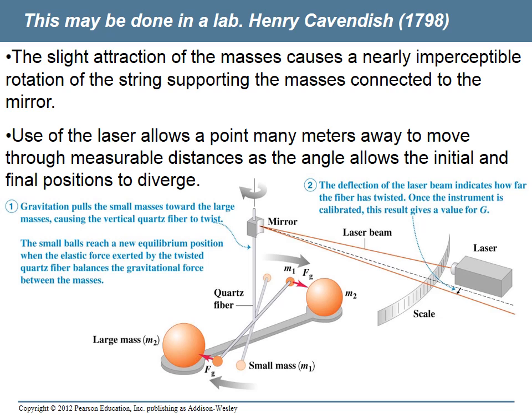After you have the angle it rotated through, you can work backwards and find the distance and find the force, and eventually get the gravitational constant G. But it's an interesting experiment. You put the balls together, and they're attracted, so they twist this rod and change the reflection point of the laser.